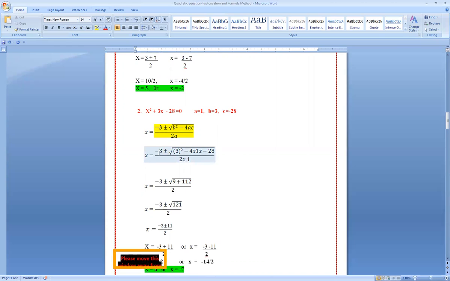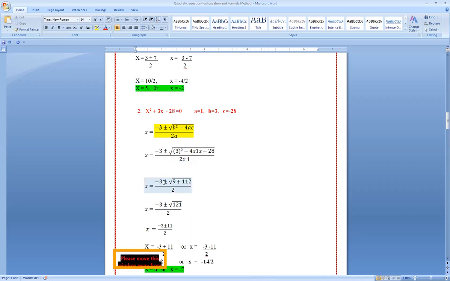That is x equals, the value of b is plus 3, and the formula itself has a minus, so minus into plus will be a minus value, so minus 3 has to be substituted, plus or minus root. Where there is b, we substitute 3 square, so it becomes 3 square minus 4 into the value of a, which is 1, into the value of c, which is minus 28, divided by 2 into 1, that is 2.